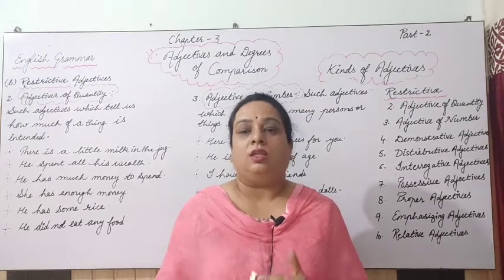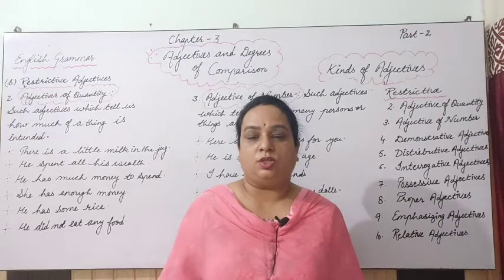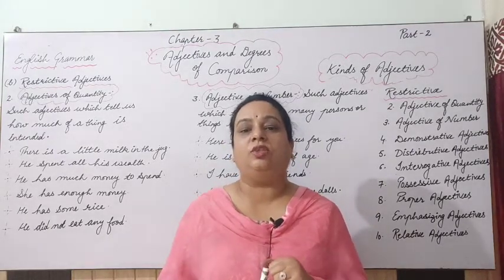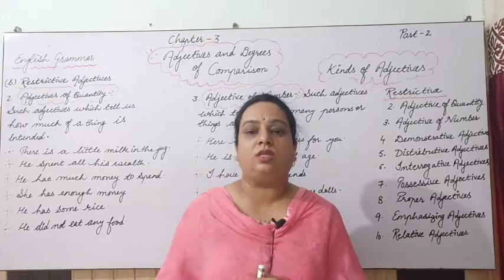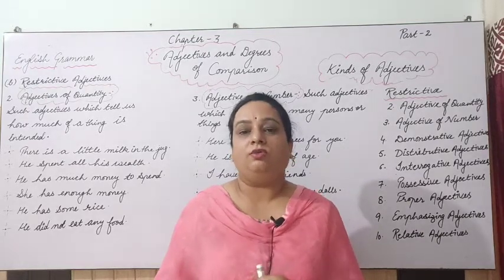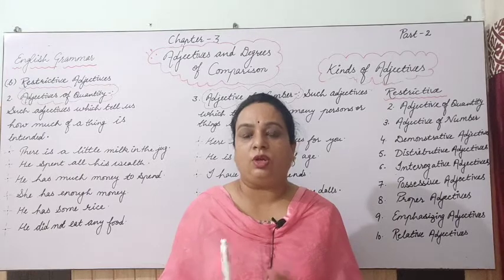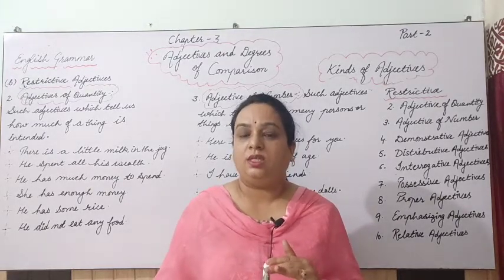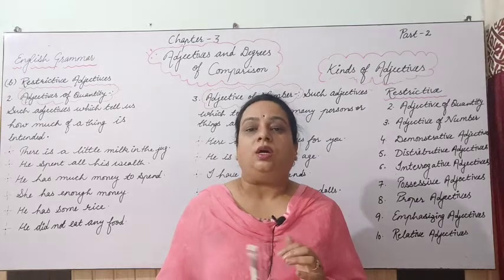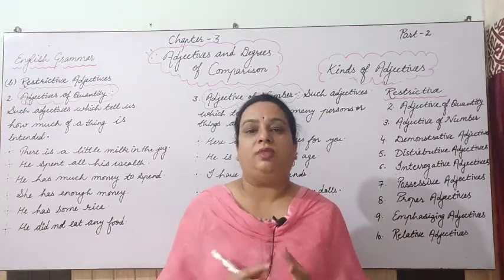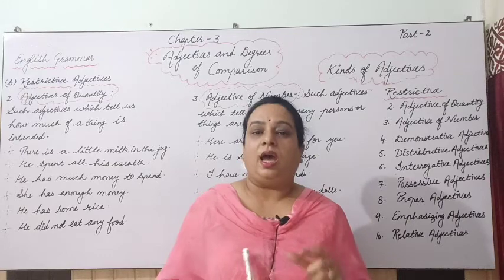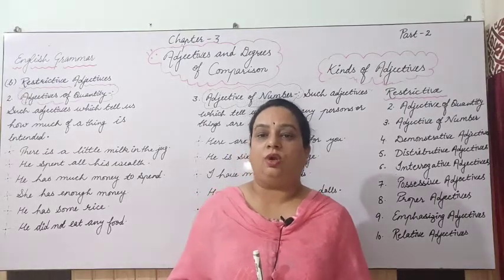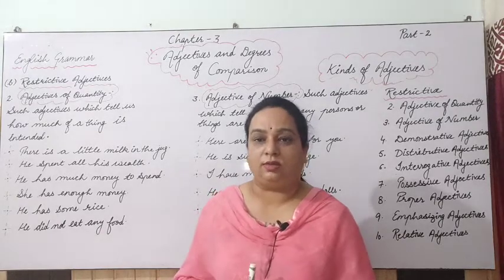And the second one is predicative position, when the qualities of the noun or the describing words come after the verbs be, that is is, am, are, was, were, and after become, seem, look, and appear. If these linking verbs are there and the adjectives appear after those verbs, that is the predicative position.